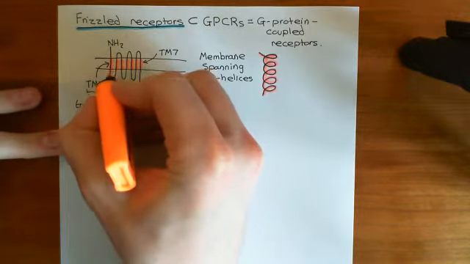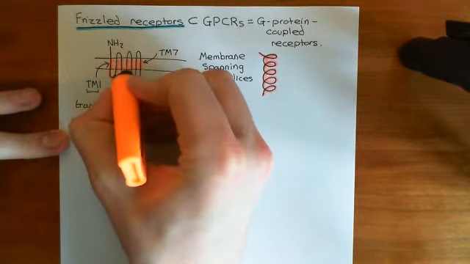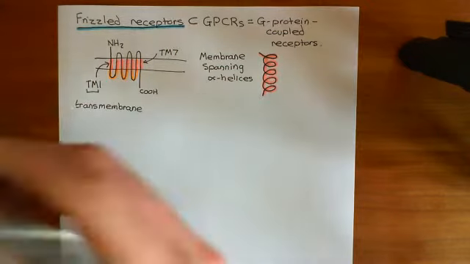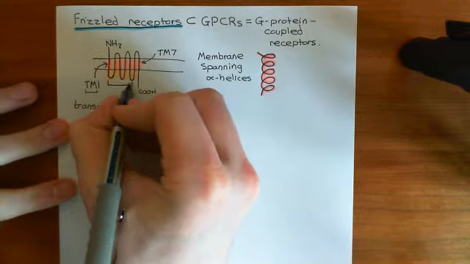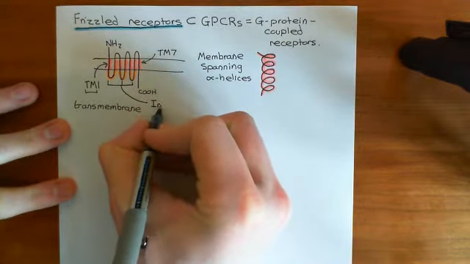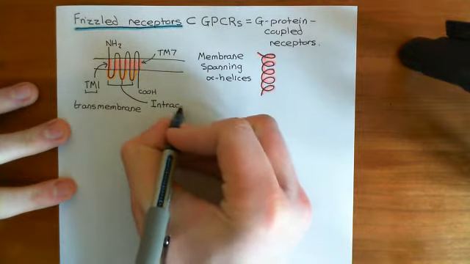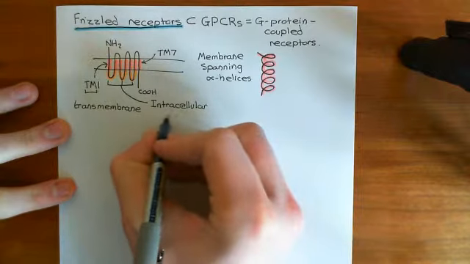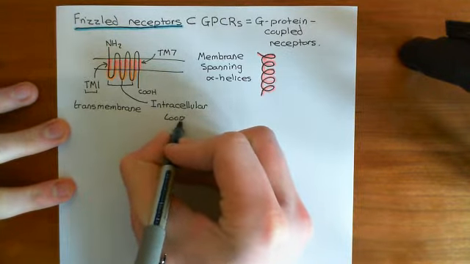So other labeled domains are these 3 loops that are on the intracellular side here that are now coloured in orange. These 3 loops are known as the intracellular loops. Intra means within, cellular means cell, so these are loops that are within the cell.